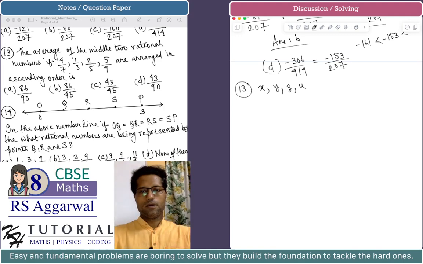Now without finding what the actual ascending order will be, let's say 4 by 7 and 1 by 3 are the middle two terms.